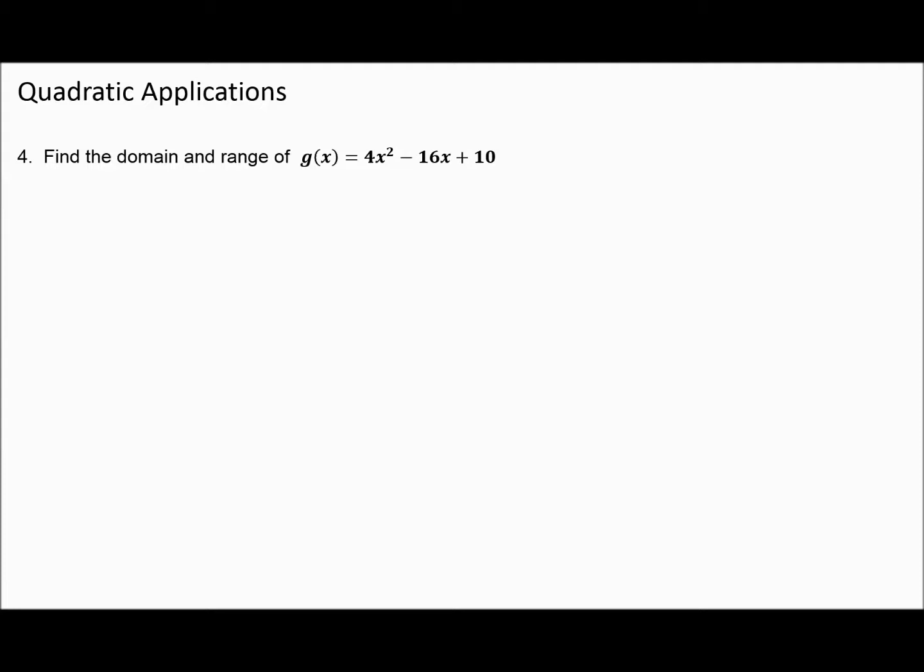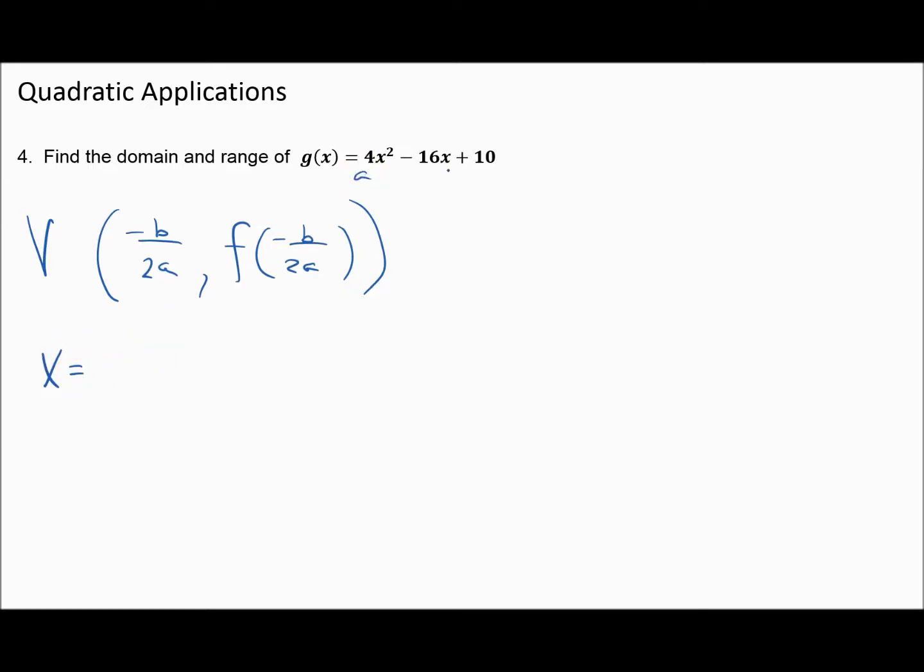So to find the domain and range, I need to know what this graph looks like. To know what this graph looks like, I'm just going to graph it, or at least find the vertex. So again, the vertex, to remind you, the x value is negative b over 2a. The y value is just the x value plugged into the function. Okay, so x is equal to negative b. Now what's b?